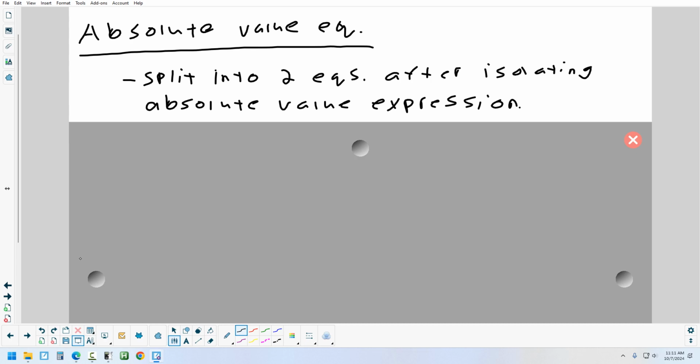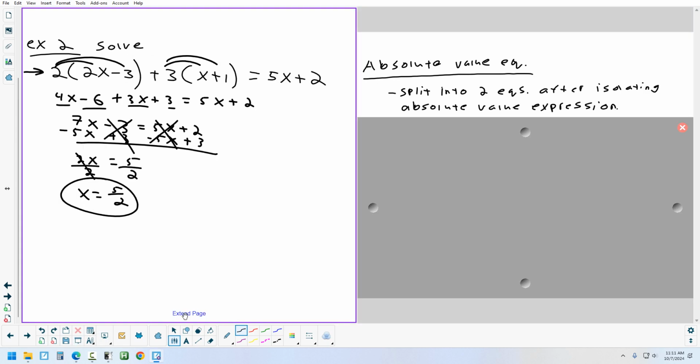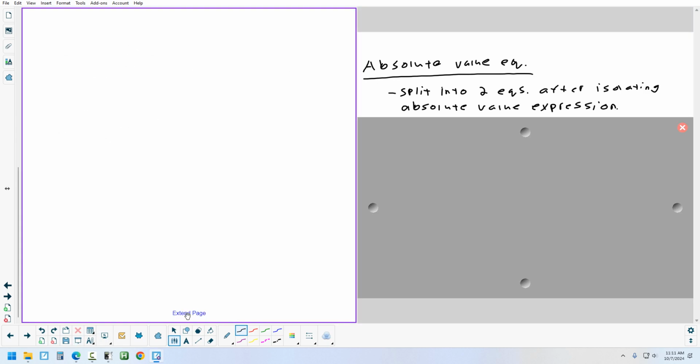So to solve an absolute value problem, the first thing we have to do is isolate the absolute value. Okay, what do I mean by that? Here's an example where, I'm not going to solve this problem, I'm just showing you an example. The absolute value is isolated on the left because there's nothing else outside the bars.